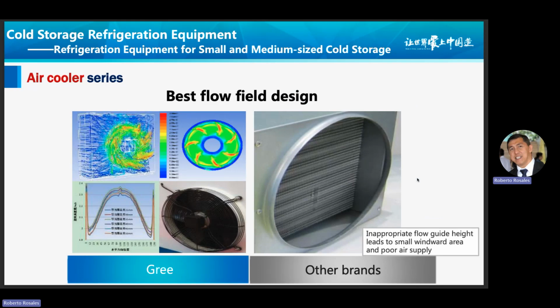It has a best flow field as compared to other brands, which have an inappropriate flow guide height that leads to small windward area and poor air supply. Every air cooler of GREE has gone through computational fluid dynamic testing and analysis.